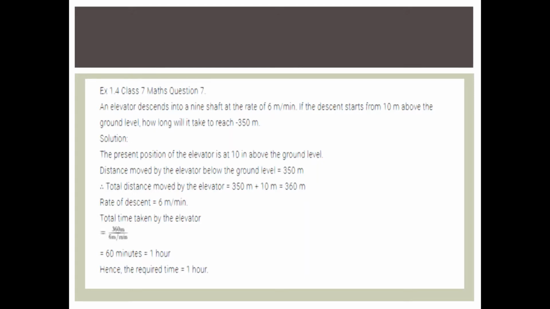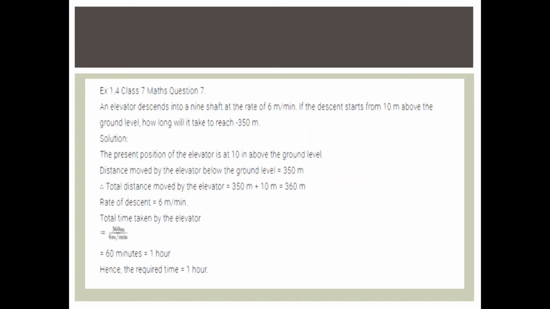Moving to question number 7. An elevator descends into a mine shaft at the rate of 6 meters per minute. If the descent starts from 10 meters above the ground level, how long will it take to reach minus 350 meters? So present position of the elevator is 10 meters above the ground level, and the position to reach is 350 meters below the ground level.